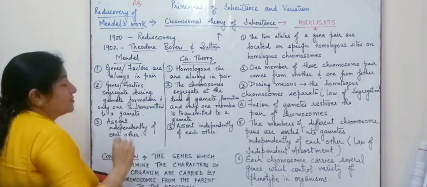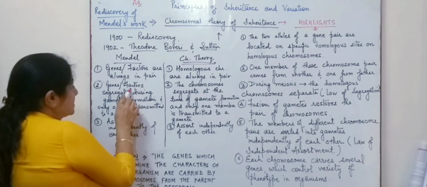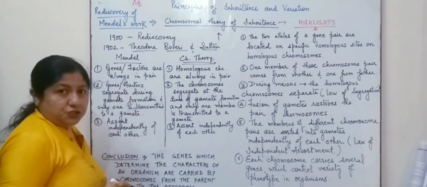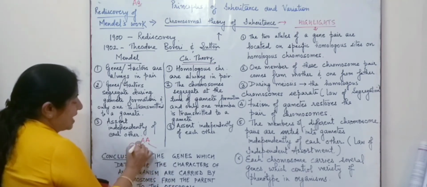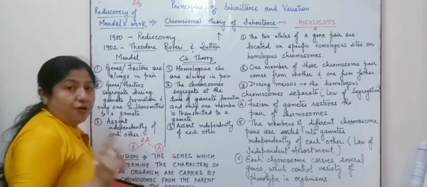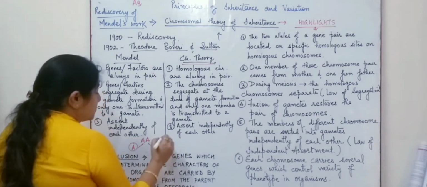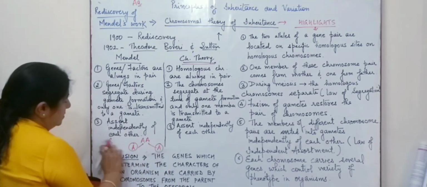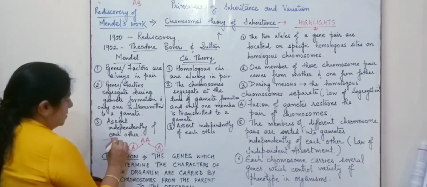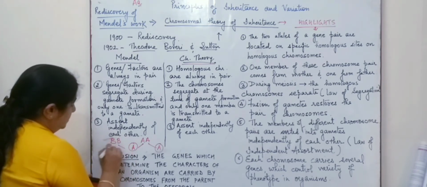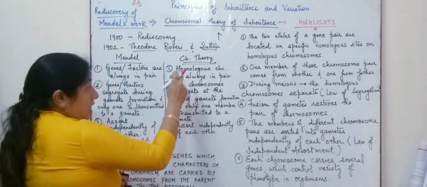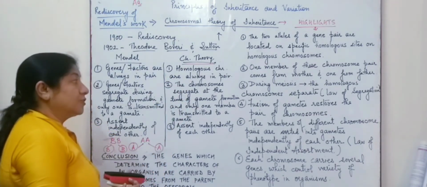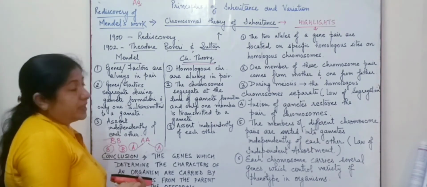The second fact which was said by Mendel was that the factors segregate during gamete formation. He said that at the time of gamete formation, these will segregate, and as a result, a gamete will have only one of the factors, and it will combine with the other factor and restore again the diploid condition. According to the chromosomal theory, the chromosomes separate at the time of gamete formation.